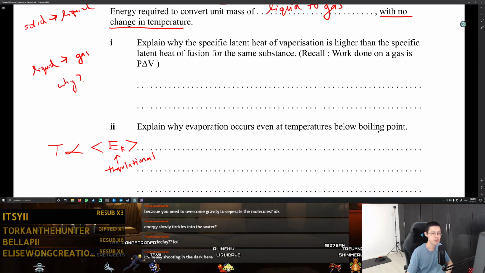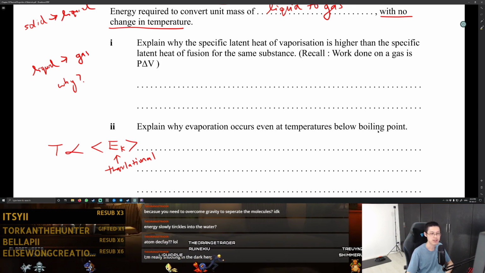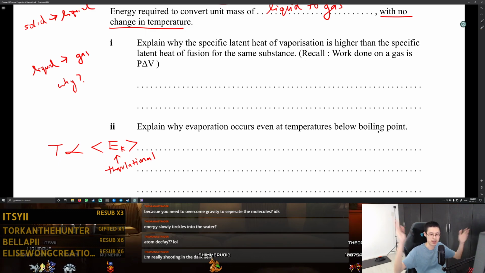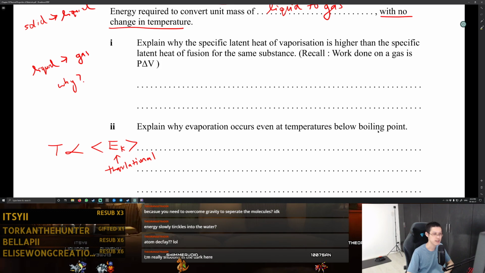So if your temperature is 25 degrees Celsius, that means the mean translational kinetic energy is some amount. But does that mean all the particles have that kinetic energy? No. There are some particles which are much faster, there's some which are much slower. So those particles which are much faster, which happen to be at the surface of the water, would evaporate, would escape into the air.